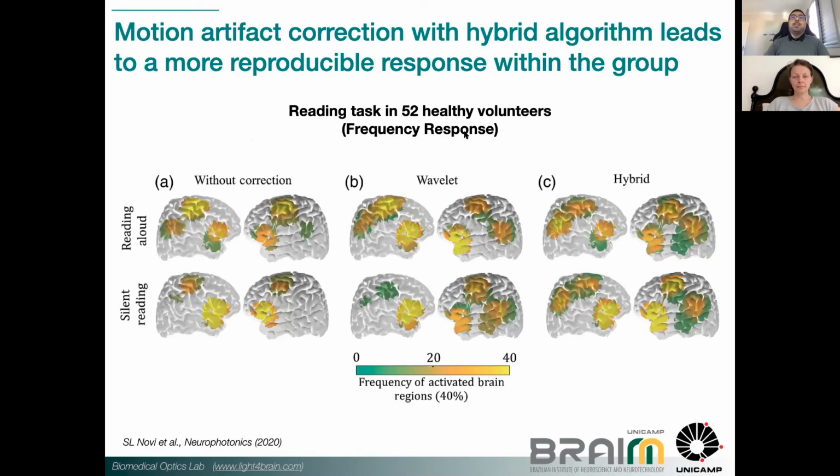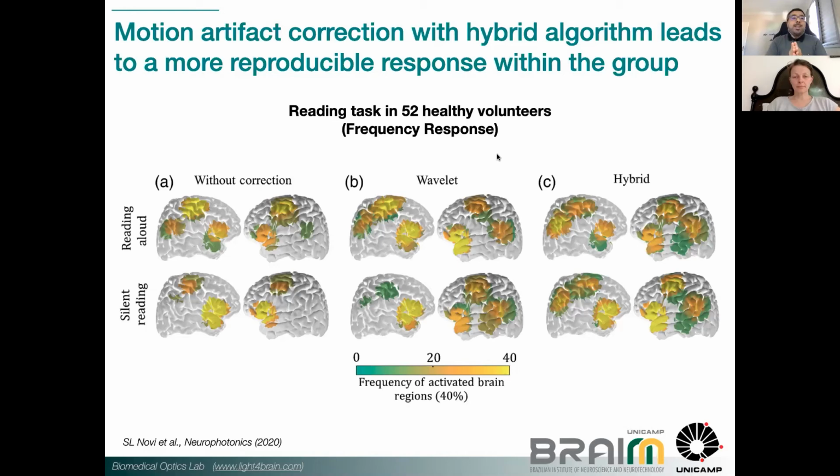And again, this is a frequency map, not a group average, across the 52 healthy subjects. And what we do see is a higher power to detect changes in the reading task. You can find the regions that you expect, Wernicke's area, for example, and the temporal lobe.